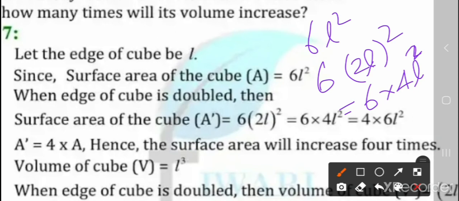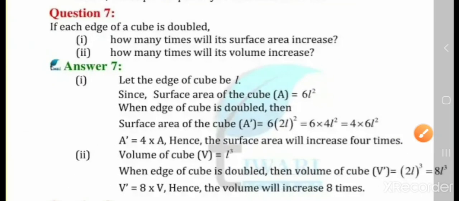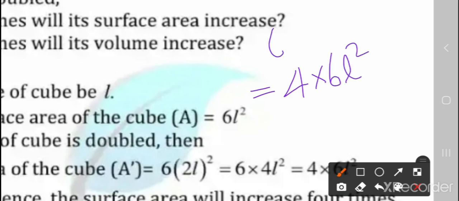So what you are writing is 4 into 6L square, instead of 6 into 4L square.